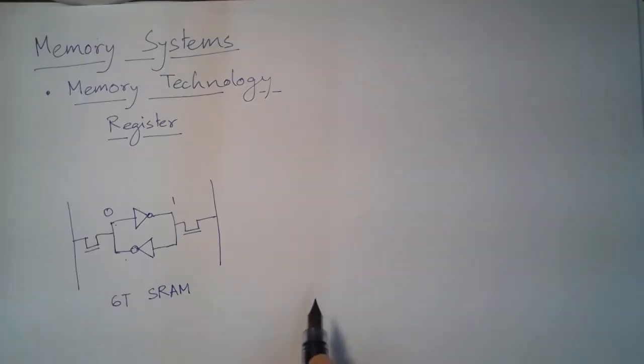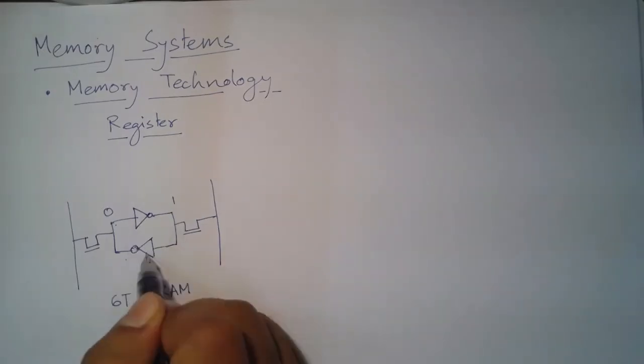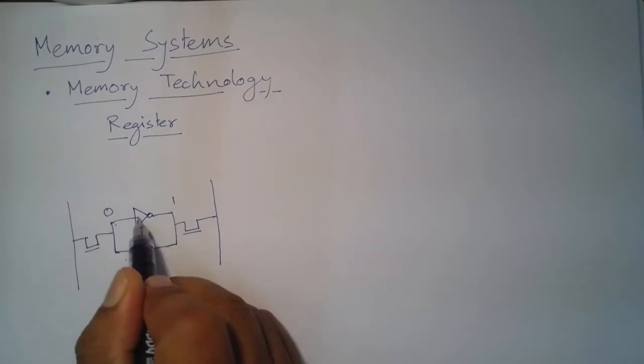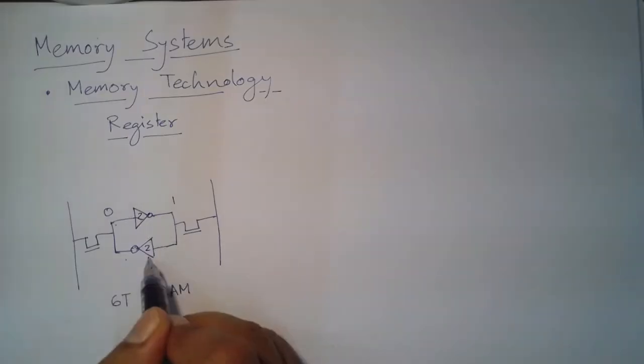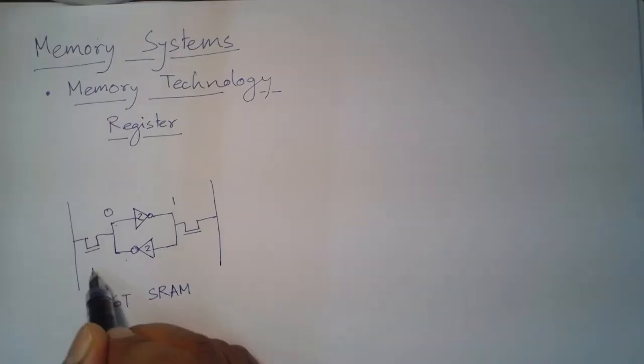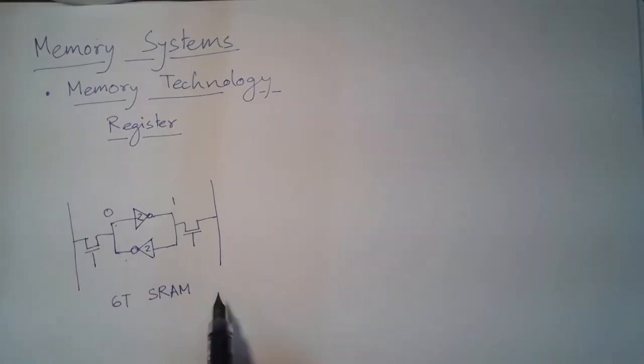Now, where are these 6 transistors coming from? Because each inverter will need 2 transistors. So, you need 2 transistors here, 2 transistors here. So, these are 4 transistors and these are the 2 access transistors, that is how you get 6 transistors, and 6T SRAM is a very popular memory, which primarily is used in cache, which we will talk about.